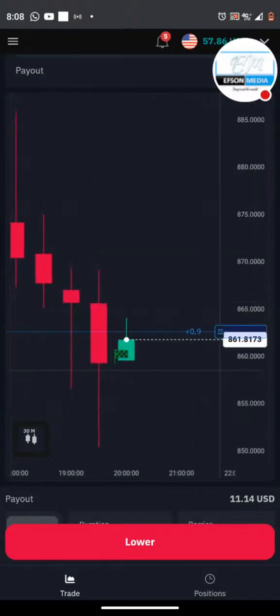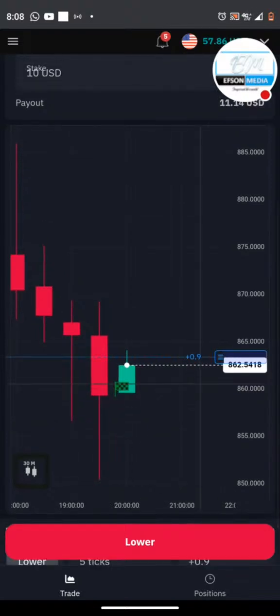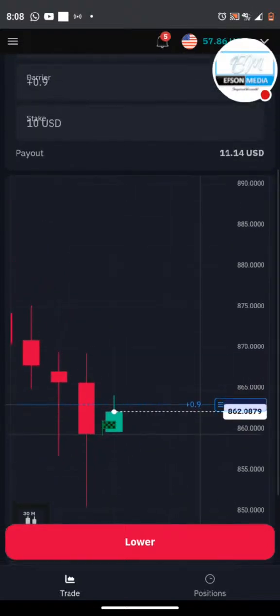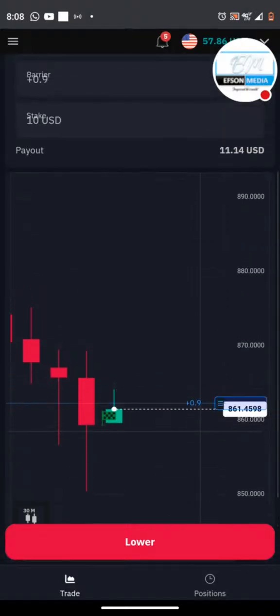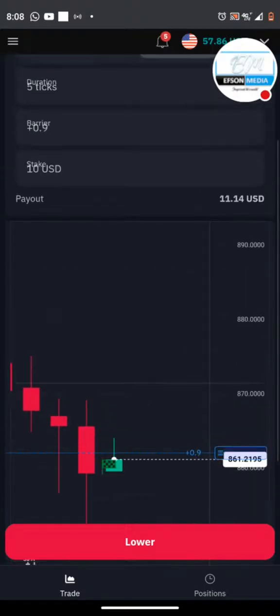So let me take that risk of lowering the barrier. But if not, it's not advisable to lower the barrier too close to the candle. That's why I always choose a higher barrier offset.